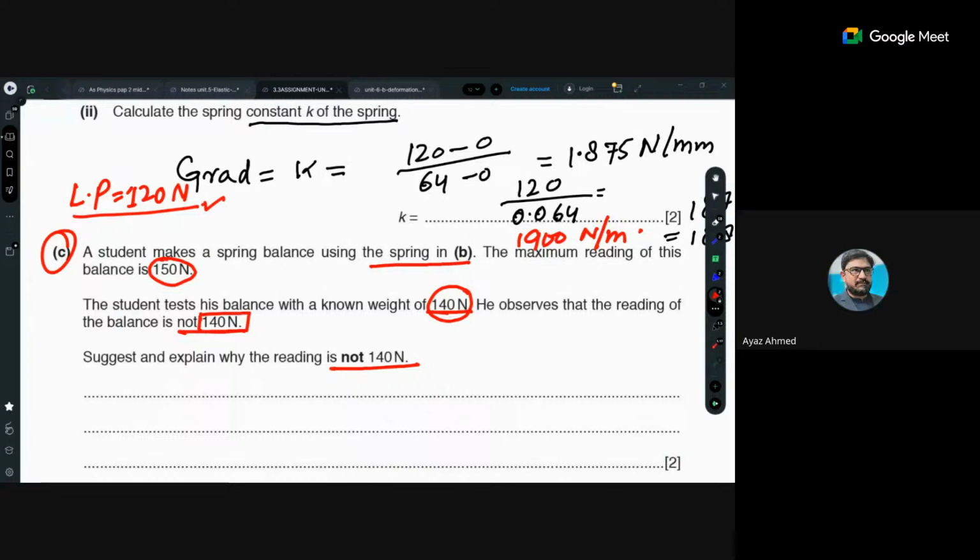Yes, sir. Okay. Now, in part C, it is said that a student is making a spring balance from the spring in B, whose limit of proportionality is 120 Newton. He measures that the maximum reading of this balance is 150 Newton.